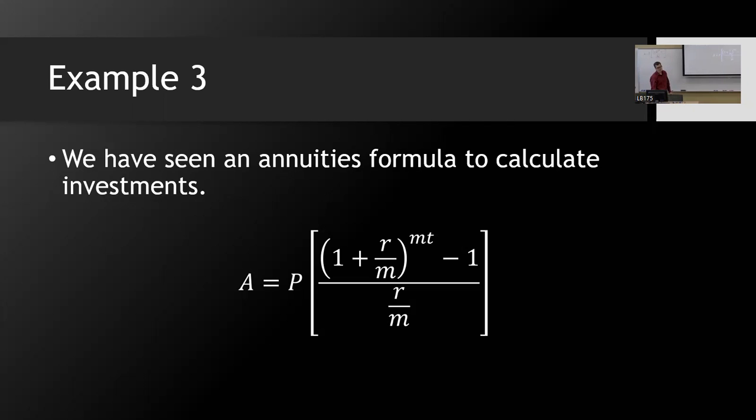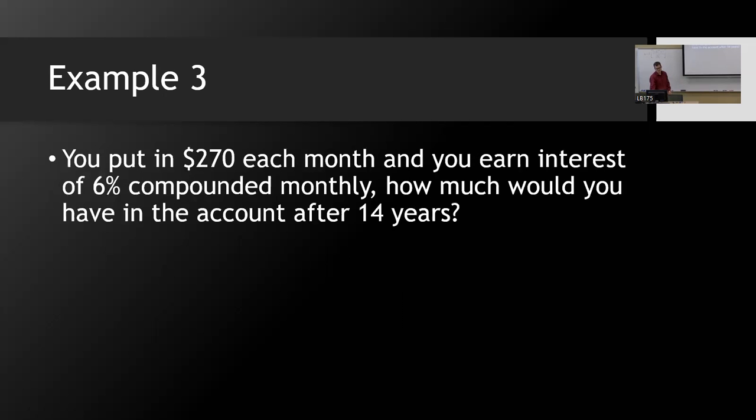Remember, P stands for payments you're putting in each time, or principal. R is your interest rate, M is how many times it's compounded per year, T is the number of years.